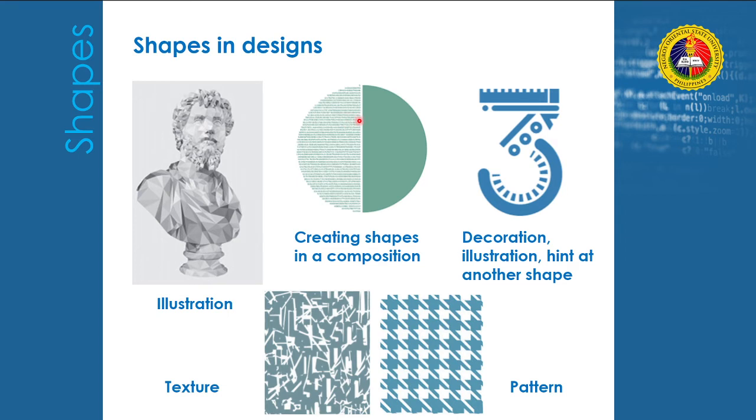And here we use shapes to decorate, build, illustrate, and hint at another shape. Shapes are combined to form a number three shape. And then we use shape to create texture and pattern. So shape is what makes up the foundation of any composition.